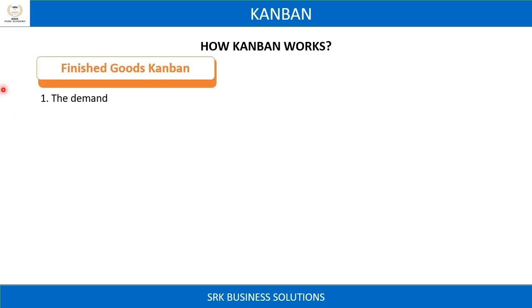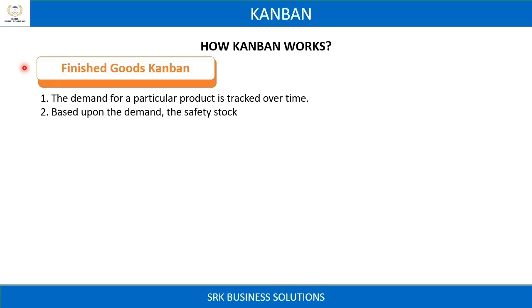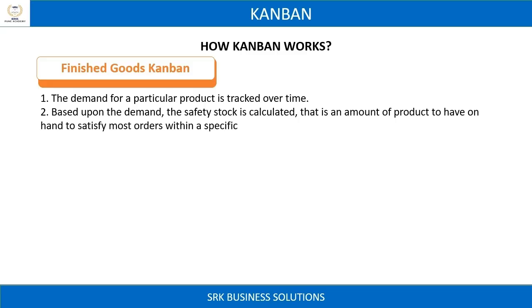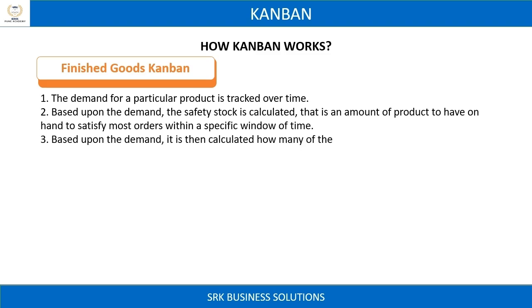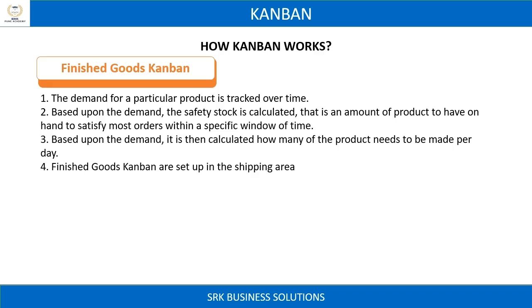Third is finished goods Kanban. In this, 1. The demand for a particular product is tracked over time. 2. Based upon the demand, the safety stock is calculated. 3. Based upon the demand, it is then calculated how many of the product need to be made per day. 4.